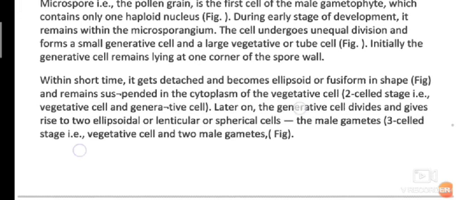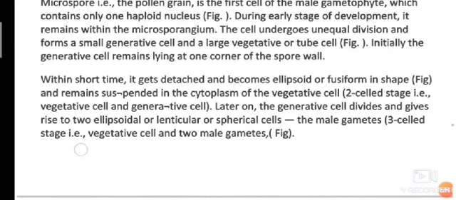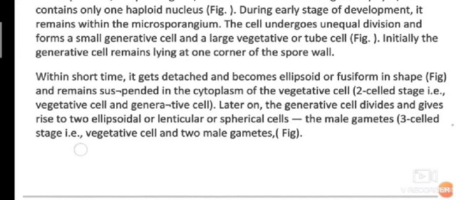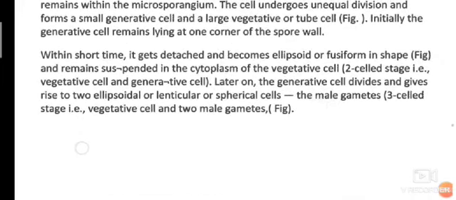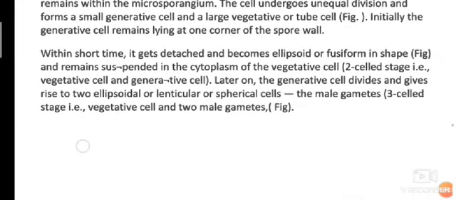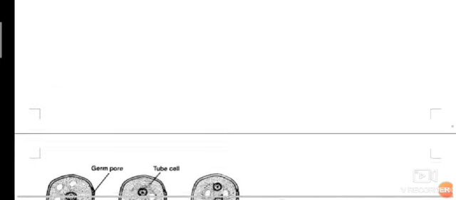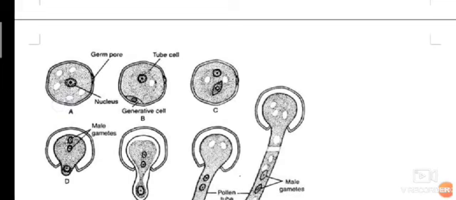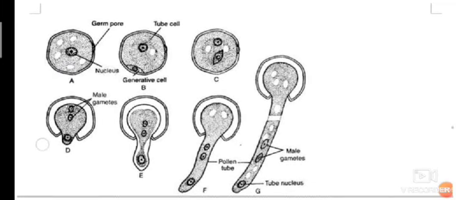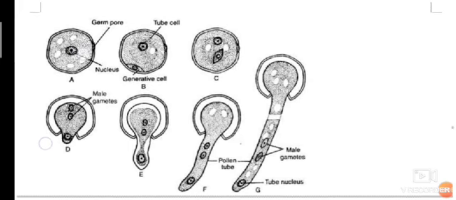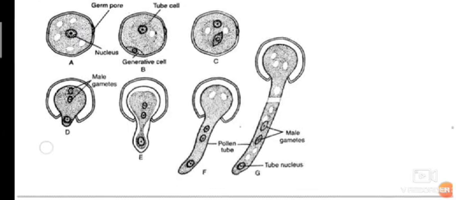Later on, the generative cell divides and gives rise to two ellipsoidal or lenticular or spherical cells, the male gametes: the three-cell stage, vegetative cell and two male gametes. See the picture? The pollen grain is there, germ pores are there, and the nucleus is in the center. The large vegetative cell is there, the small generative cell is there.